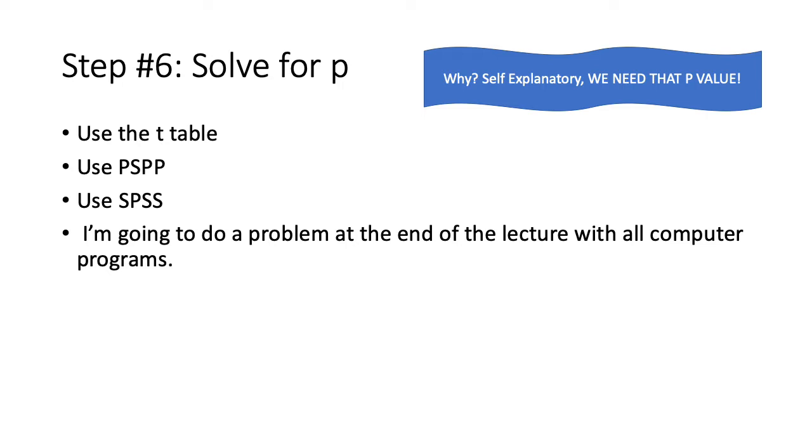Use SPSS, use PSPP, use my fancy. There's actually another thing we can use that I'll show you. It's the Cohen's d calculator will do it for you as well. And because we just entered a more complicated world, I'm going to do one problem completely at the end. I'm not inserting all the steps in the middle. I'm just going to do it at the end.